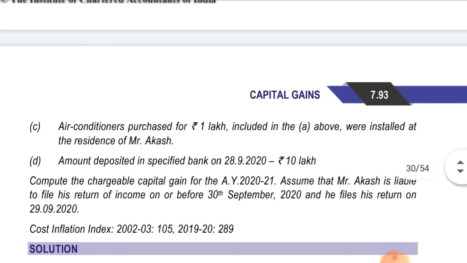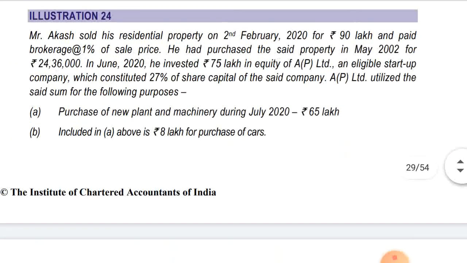As we all know, whenever any person transfers any residential house and invests the amount of capital gain in and acquires the shares of an eligible startup company, the eligible startup company invests that amount received from the individual or HUF into new assets.